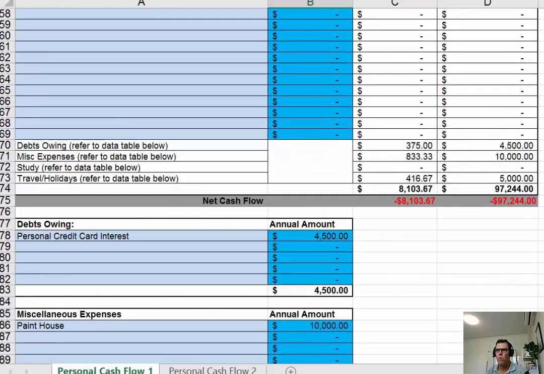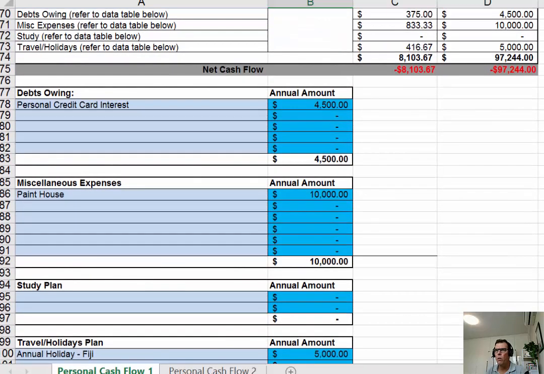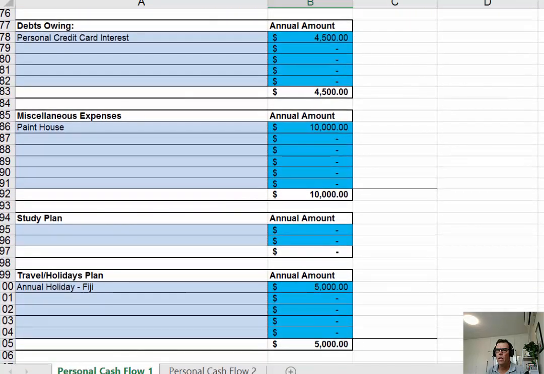Before we go to the bottom line, we've got some other extraordinary things that we need to invest in over the coming 12 months. For example, we want to knock off our personal credit card, so you'll add that in there, say $4.5 grand owing.